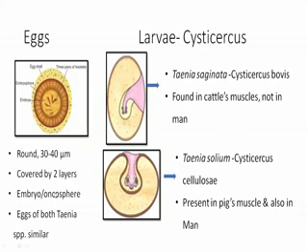It has two layers, and inside there is an embryonated egg, which you can call an oncosphere. Why is it an oncosphere? There are some hooklets, six in number, tiny things.